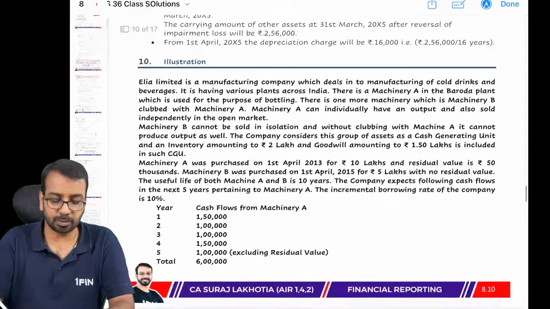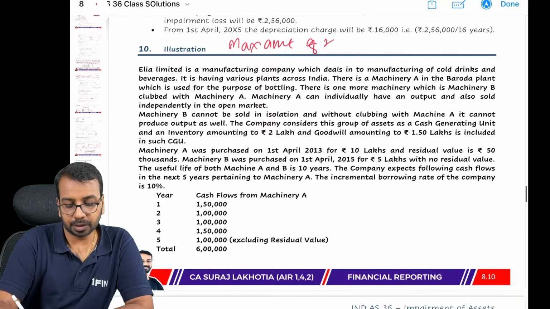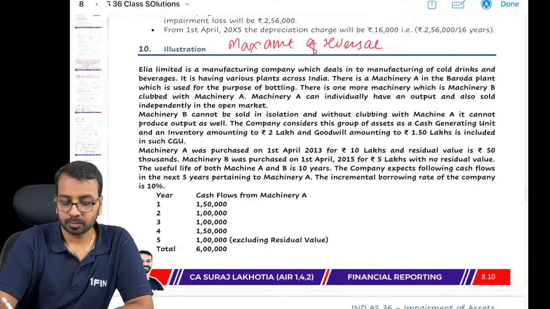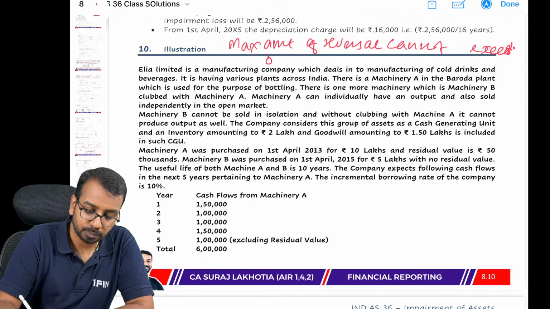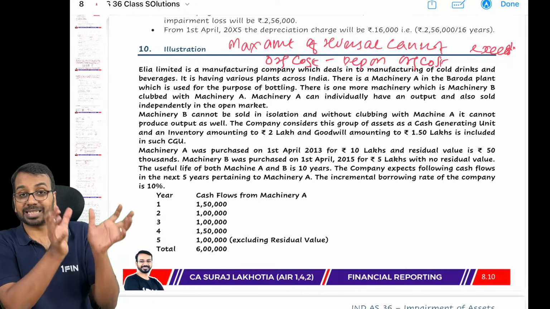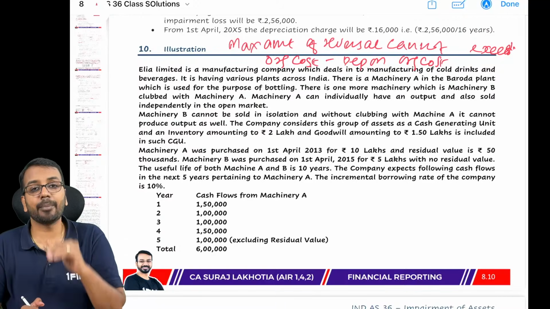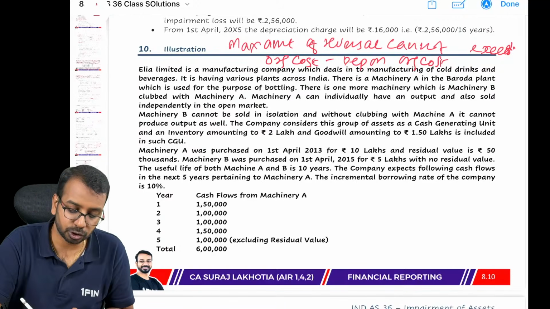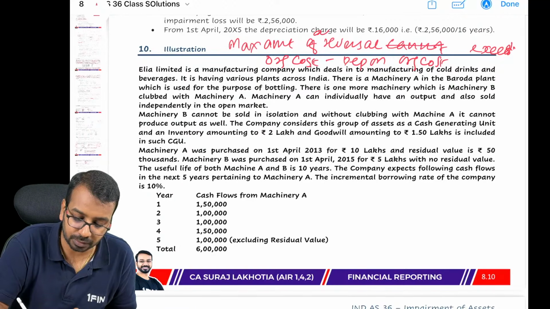So the thing that you have to keep in mind here is that maximum amount of reversal cannot exceed what? Original cost minus depreciation on original cost. So you will calculate one stream of carrying amount of asset separately, and you will ensure that the carrying amount after reversal cannot exceed that.